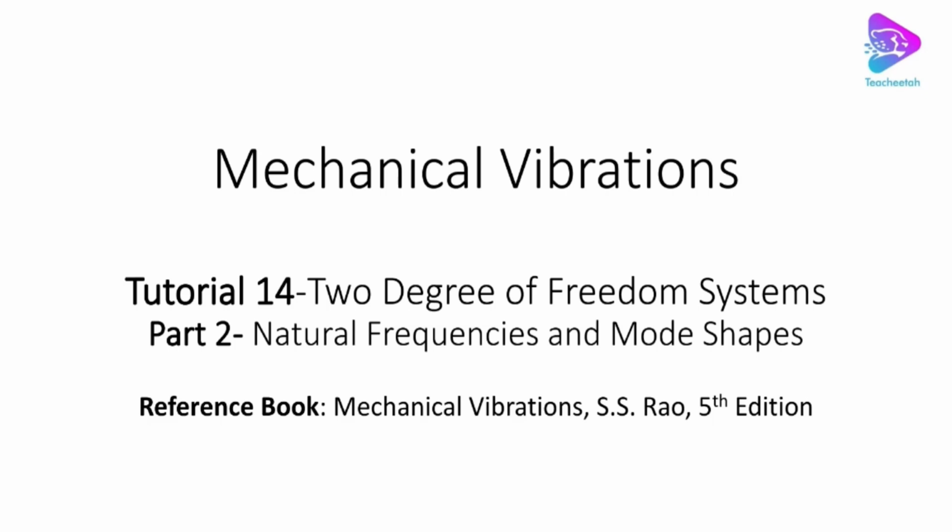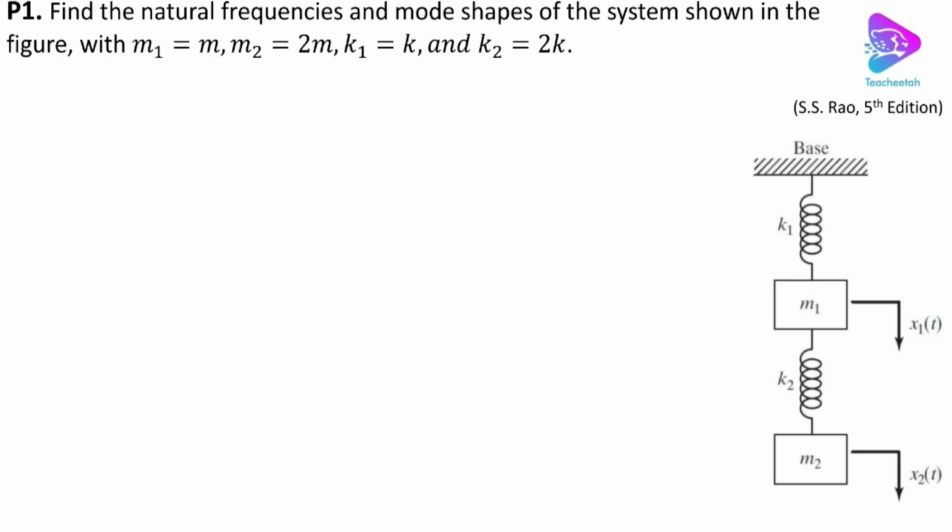So let's begin. As you may remember, this is the example that we had before. I don't want to go into the details of what we did before because you can simply find that in the previous video.